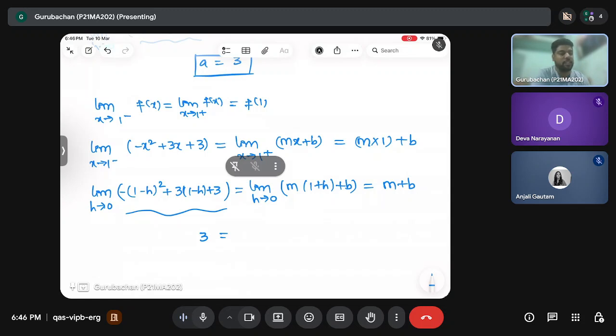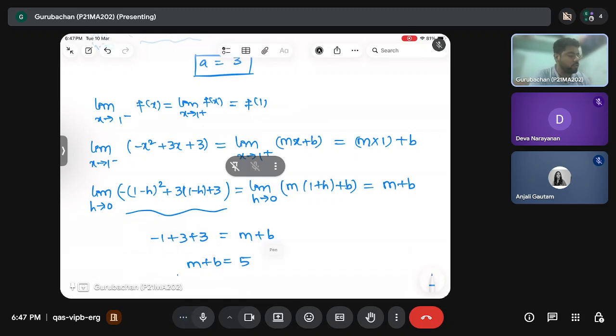When you substitute h tends to 0, this will give you minus 1 plus 3 plus 3, and this will give you m plus b. So from here you will get m plus b is equal to 5. So this is one equation.